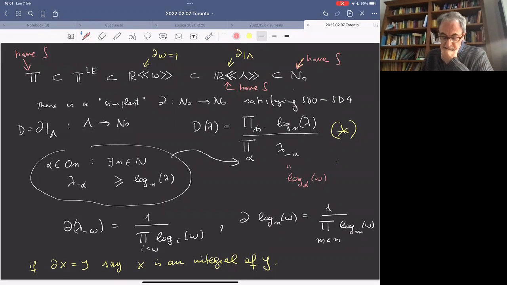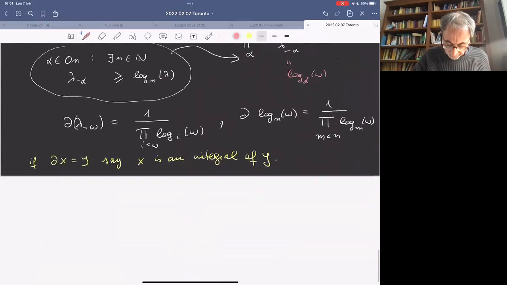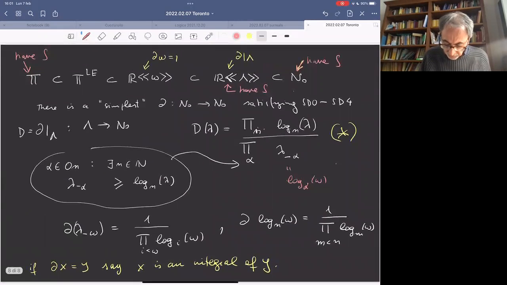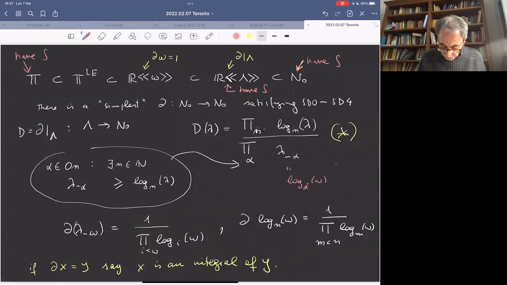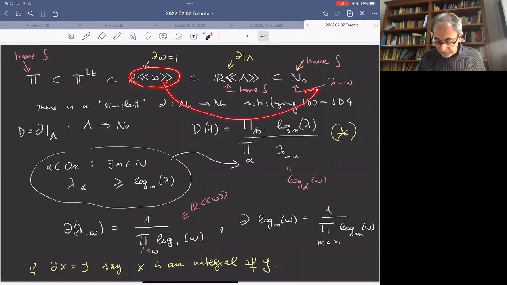The reason is the following: this guy here, 1 over this product, belongs to the bracket of omega, but its integral, lambda minus omega, does not. Lambda minus omega is here. So you have an element in the bracket of omega whose integral is outside.